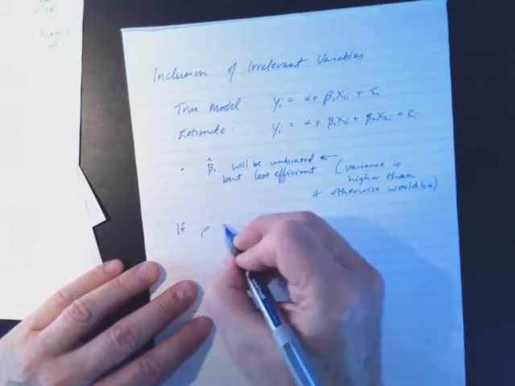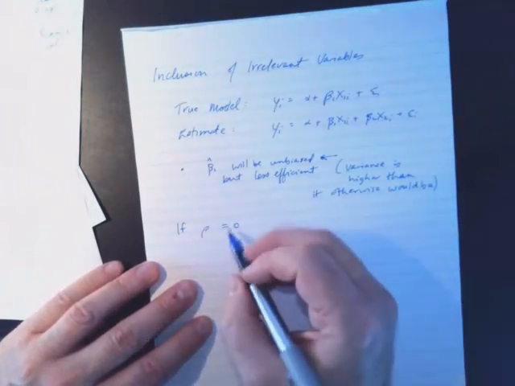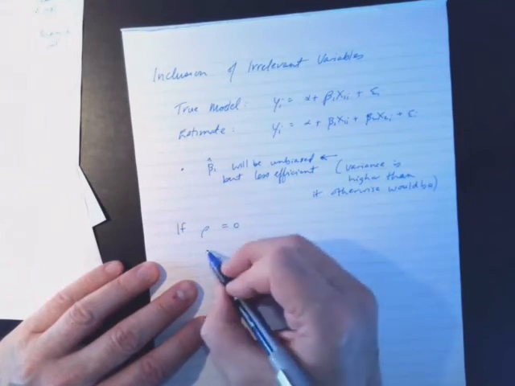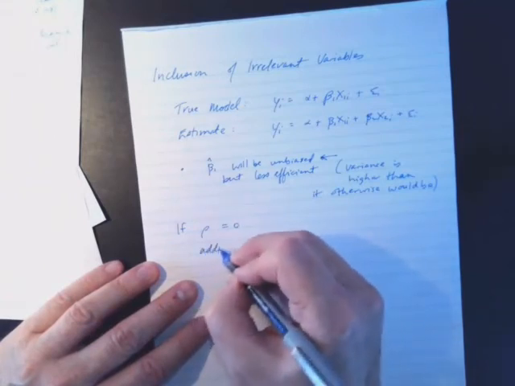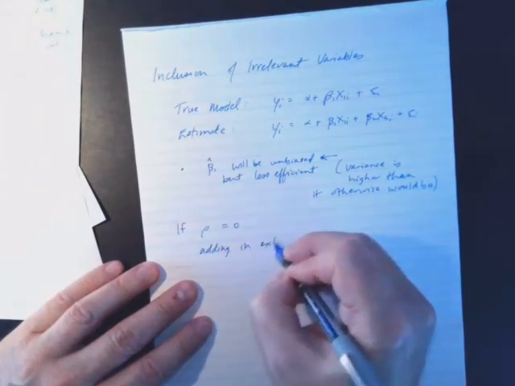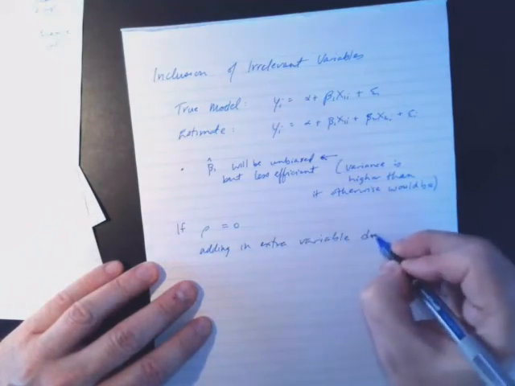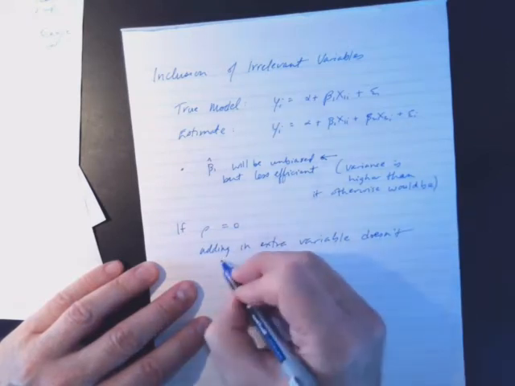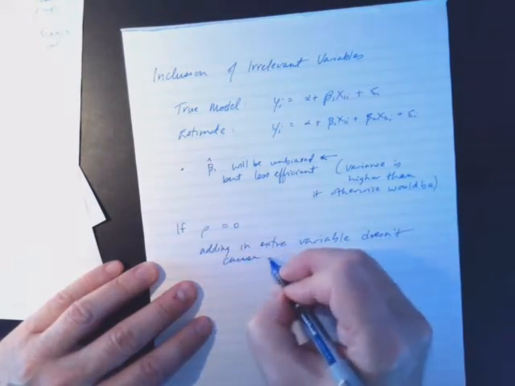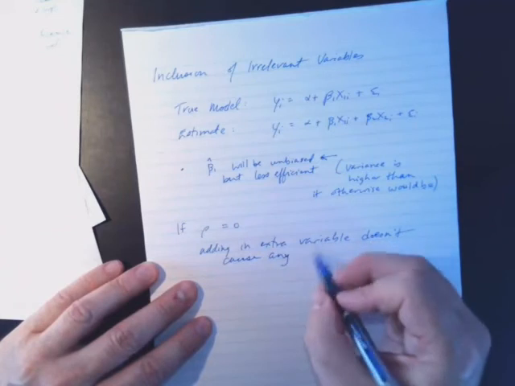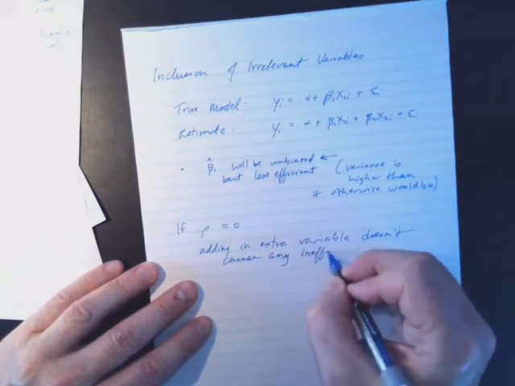If rho equals 0, then adding in an extra variable doesn't cause any inefficiency.